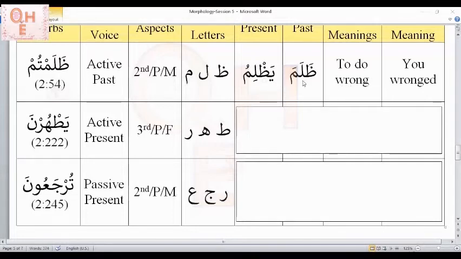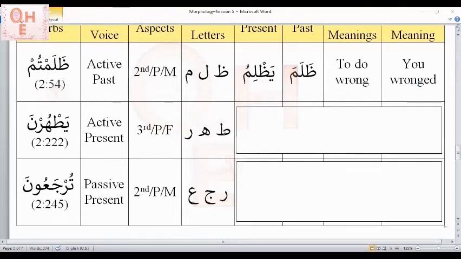So we got our basic information, the patterns, and the base meaning. Now let's formulate the final meaning of our word. Our word is ظلمتم. It's an active past tense, and the doer is second person plural male. The base meaning is to do wrong, so we will finalize the meaning as: you wronged.